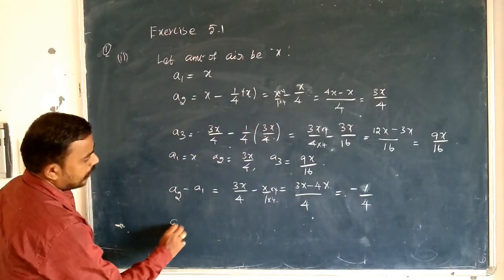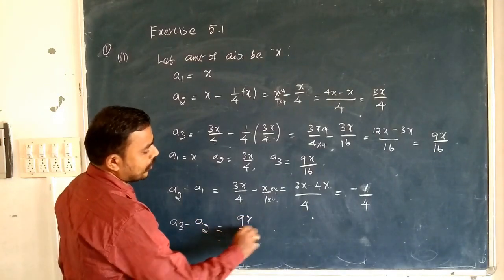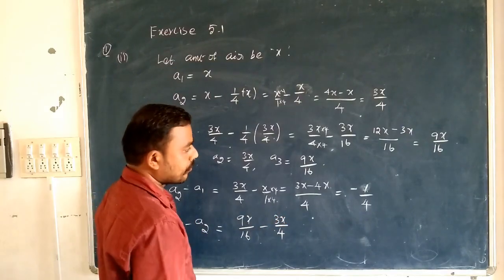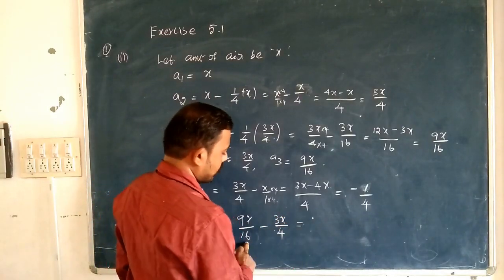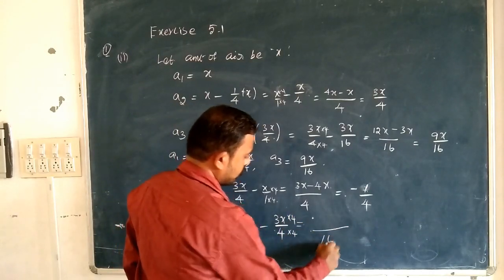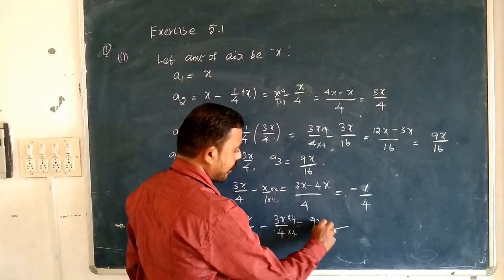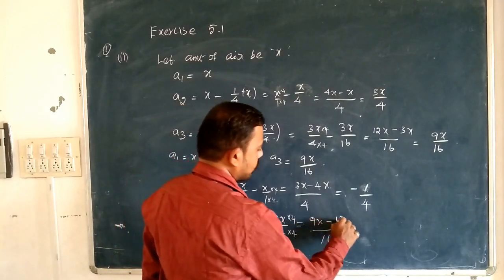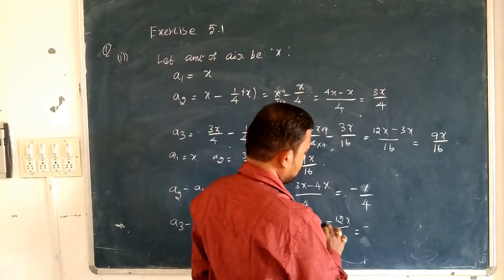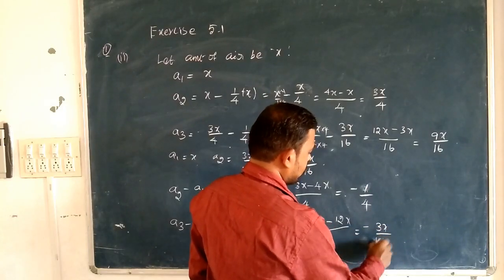Next, A3 minus A2. So 9x divided by 16 minus 3x divided by 4. The LCM is 16, so multiply by 4 in numerator and denominator. So 9x minus 3 fours are 12, so minus 3x divided by 16.